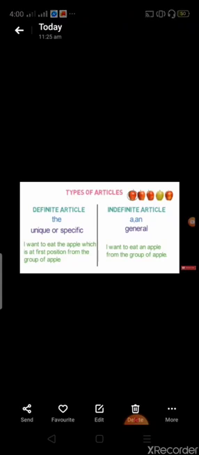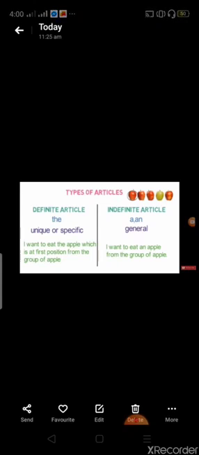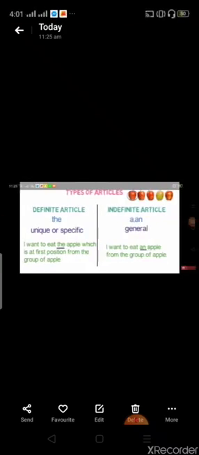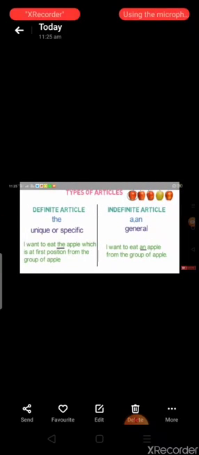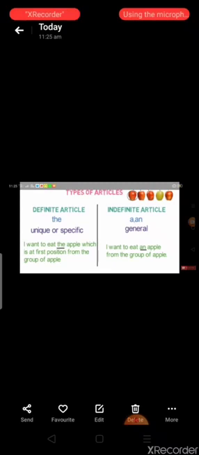Example of the: I want to eat the apple which is at the first position from the group of apples. And the example of a and an: I want to eat an apple from the group of apples. Now here I have underlined: I want to eat the apple which is at the first position from the group of apples.